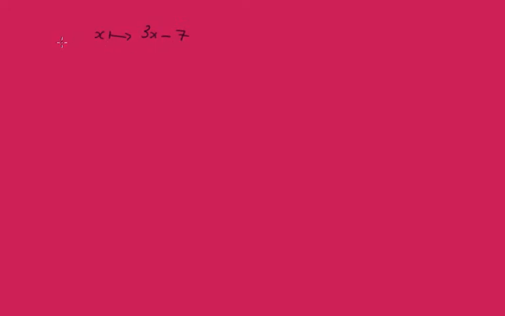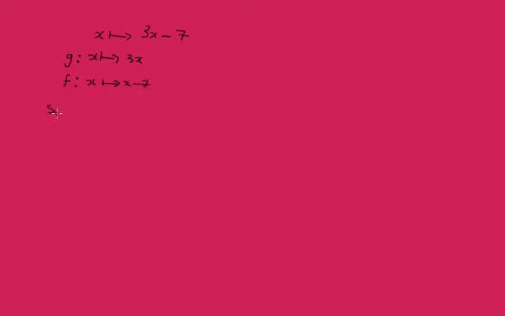It's actually a combination of two functions. Function g is x multiply by 3, and function f is the function subtract 7.